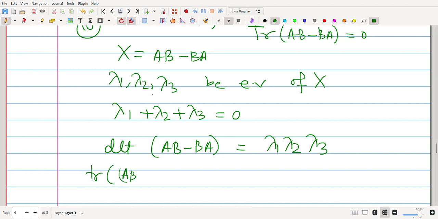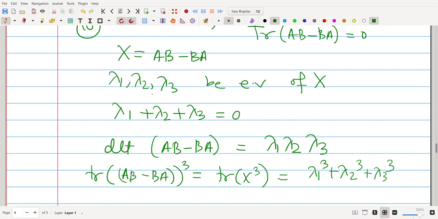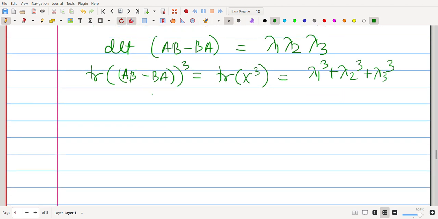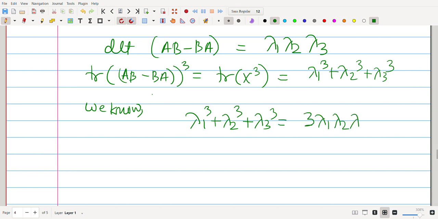Trace of AB minus BA cube, which is the same as trace of X cube, is the same as the sum of cubes of eigenvalues, right? Now we know, equal to 3 lambda 1 lambda 2 lambda 3.